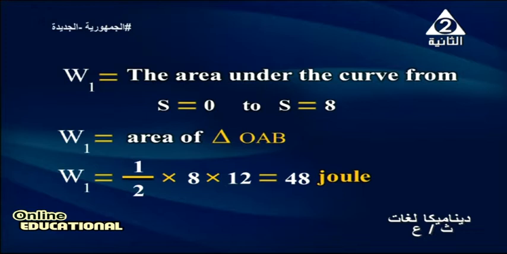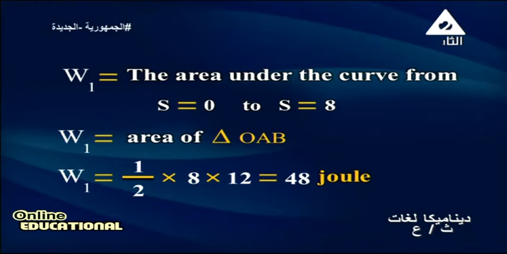And you can calculate the work done from S equals 8 to S equals 12 in the same way by the area of the triangle BCD, but in this case the triangle BCD lies below the x-axis, then the integration equals negative area of triangle BCD, which equals negative half times 4 times 6. Then the work in this case equals negative 12 joule.